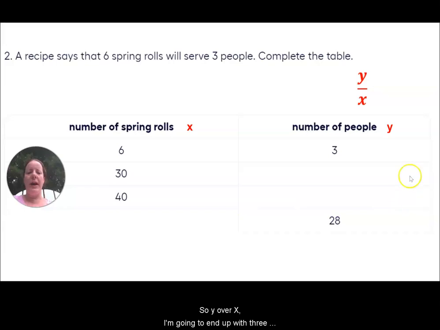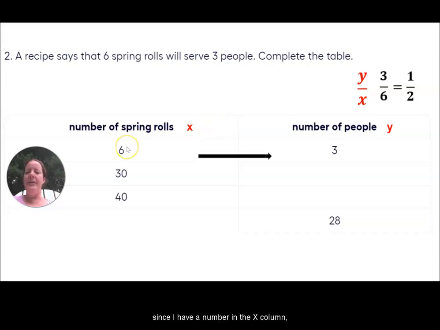So y over x, I'm going to end up with 3 over 6, as you see over here. Well, in our calculator, when we divide 3 divided by 6, we end up with 1/2. You'll probably see 0.5. They're the same number. So drawing my arrows, since I have a number in the x column, I can multiply that by 1/2.